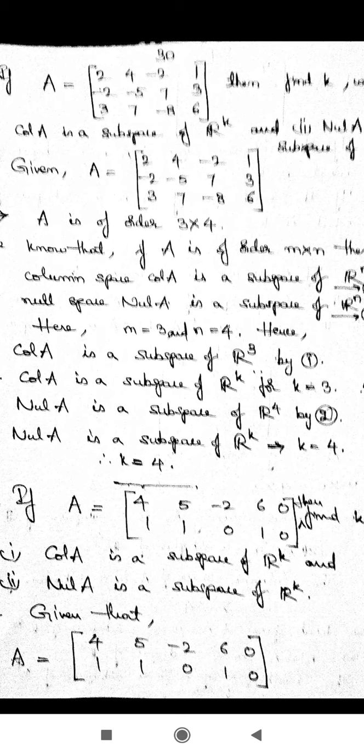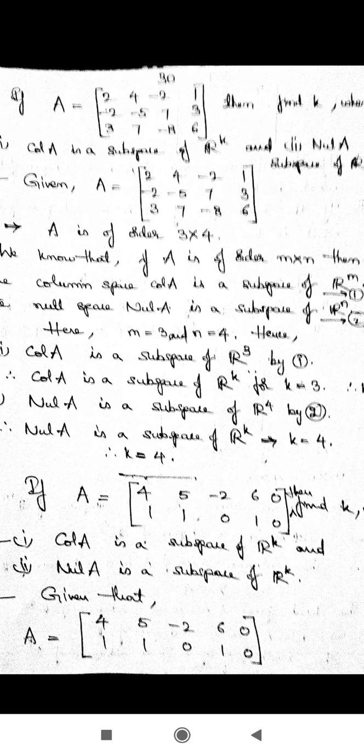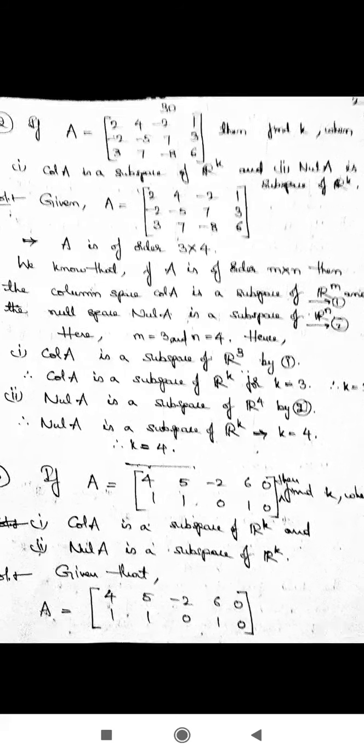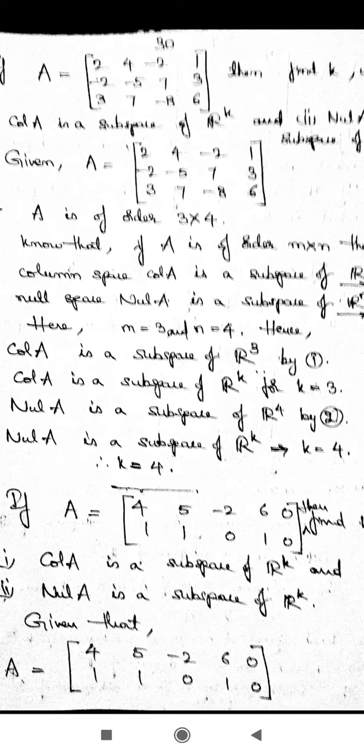As I said earlier in the previous problem, we are not concerned with the elements or entries of the matrix A, and we are only bothered about the number of rows and number of columns present in this matrix. So here we can observe the matrix A has 3 rows and 4 columns. Therefore A is of order 3 by 4.